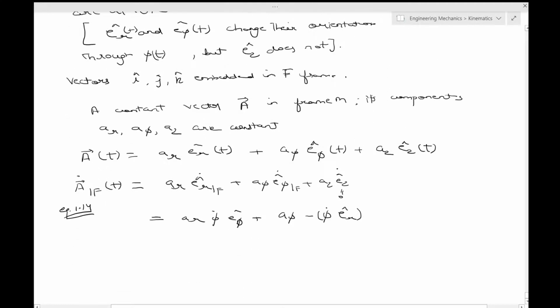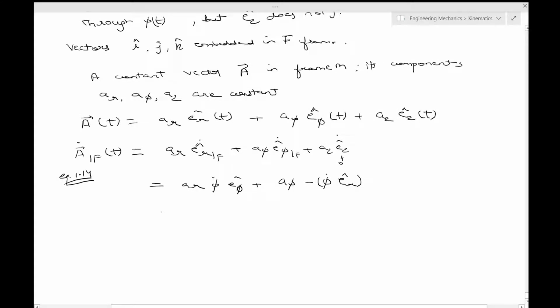Okay, so this can be written as A_r phi dot e_phi(t) minus A_phi phi dot e_r(t). Okay, this was according to equation 1.14. Please go back and check this.